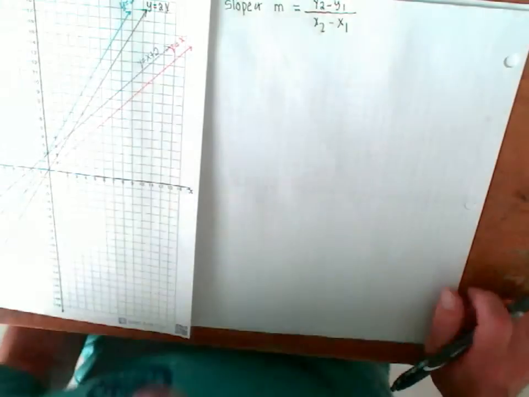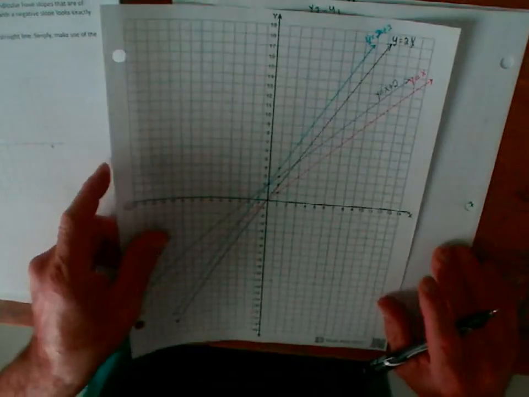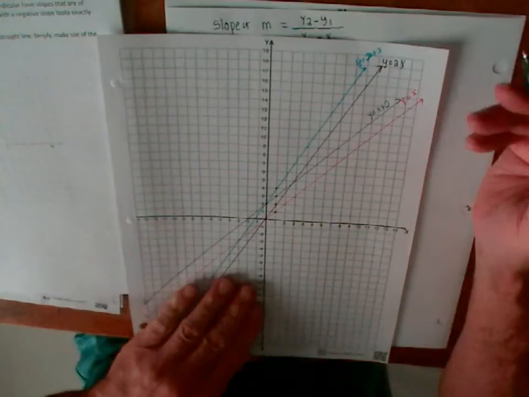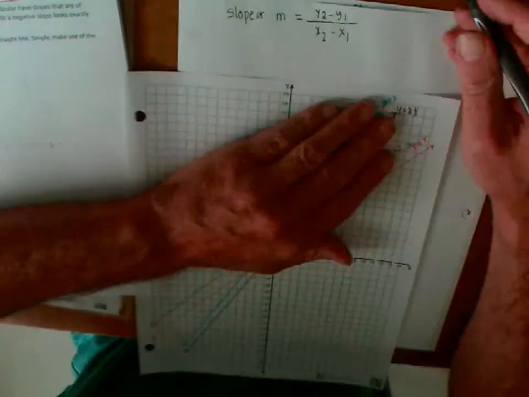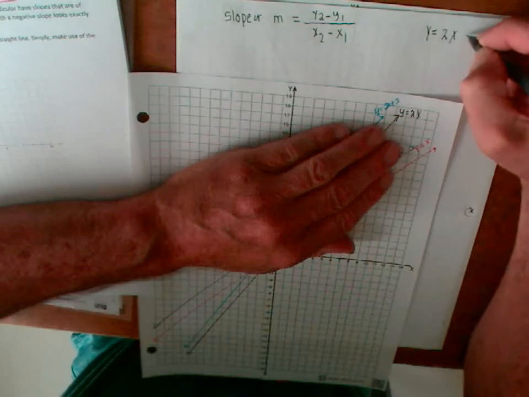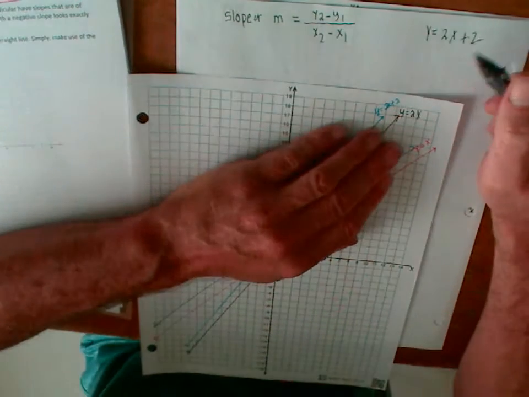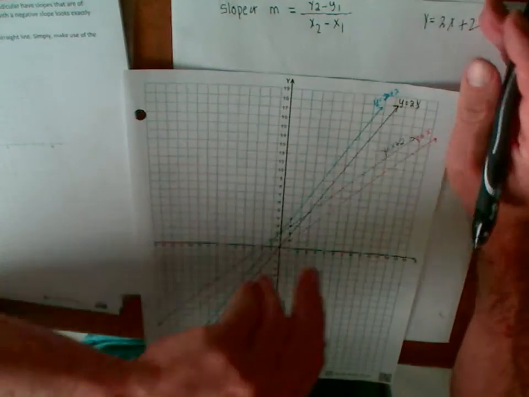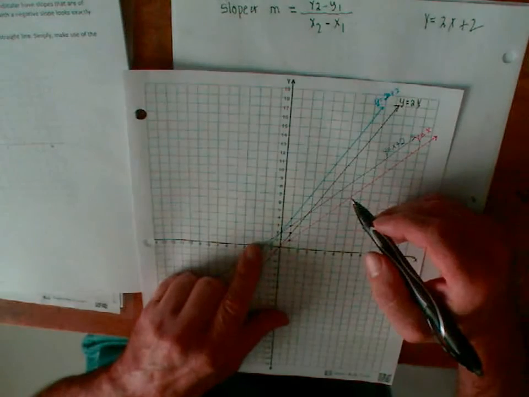Okay, so I'm going to go back to one of the graphs that we did earlier. I'm going to pick the blue line. So the blue line is y equals 2x plus 2. Let's pretend that we don't have the slope, but we have 2 points. So on this blue line, let's pick 2 points.